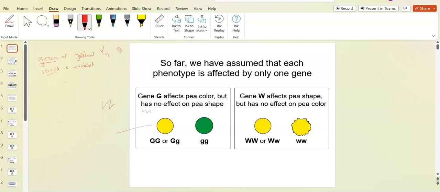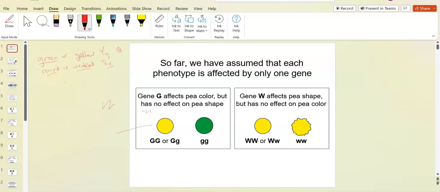And then they were round or wrinkled, and in this case round was dominant to wrinkled, so we use R. They're using W, which is completely backwards of what we had discussed before, but again, it's fine.